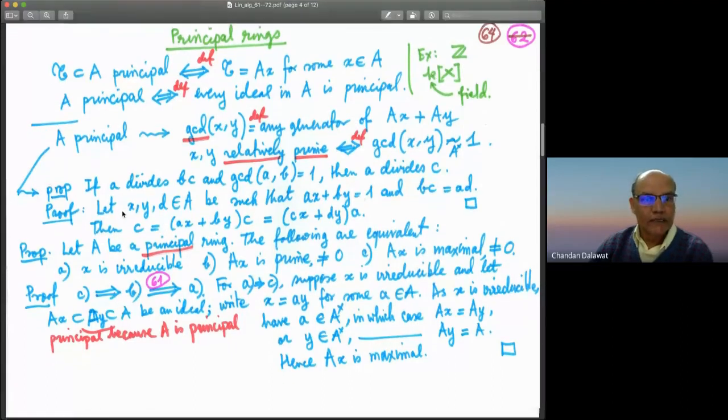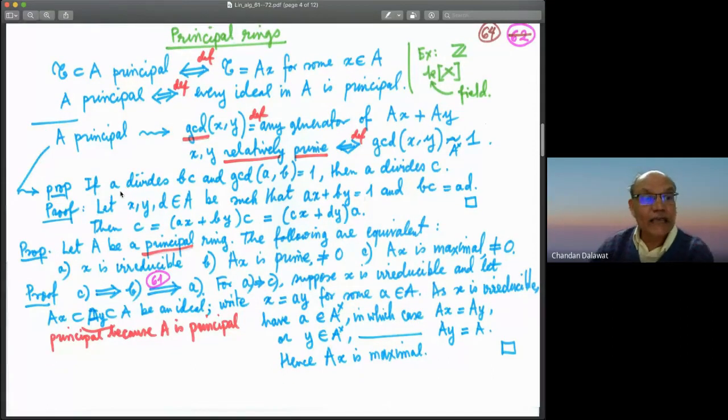Here is a small proposition which says that if a divides the product bc, and if a is prime to b, then a has to divide c. So I'm translating these two conditions. a divides bc and the GCD of a and b is equal to 1.